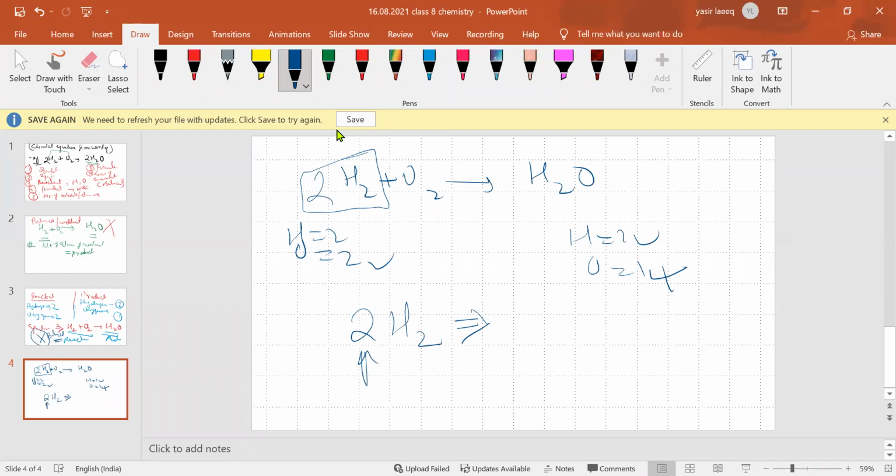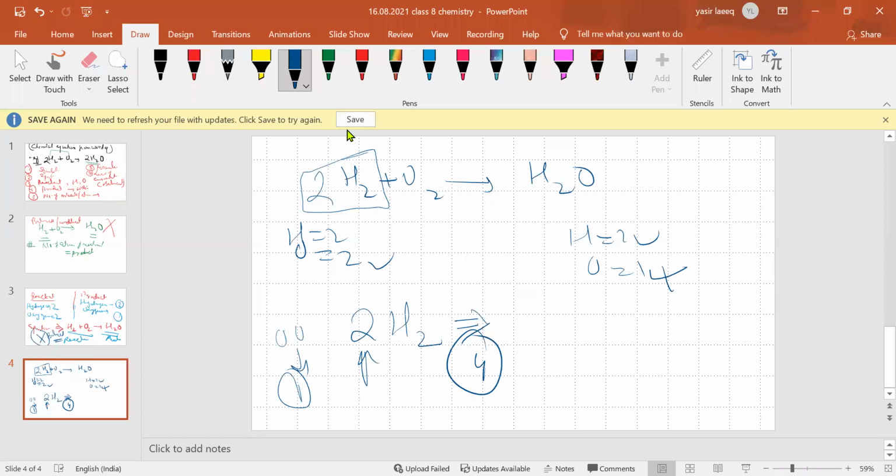What does this number show? Sir, two molecules. 2 molecules of hydrogen. 2 hydrogen atoms when combined form 1 molecule. So in 2 molecules, how many hydrogen atoms are there? 4, sir. So hydrogen is 4 here. Is it clear? Yes, sir, it's clear.